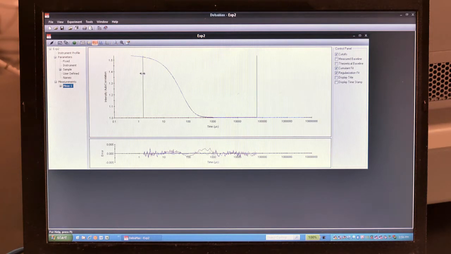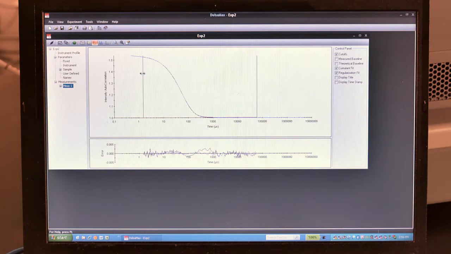Now, if you remember earlier, I mentioned that the slope of the curve is related to the nanoparticle radius that is directly measured. So for some experiments, for very large particles or very small particles, the default settings are not perfect.